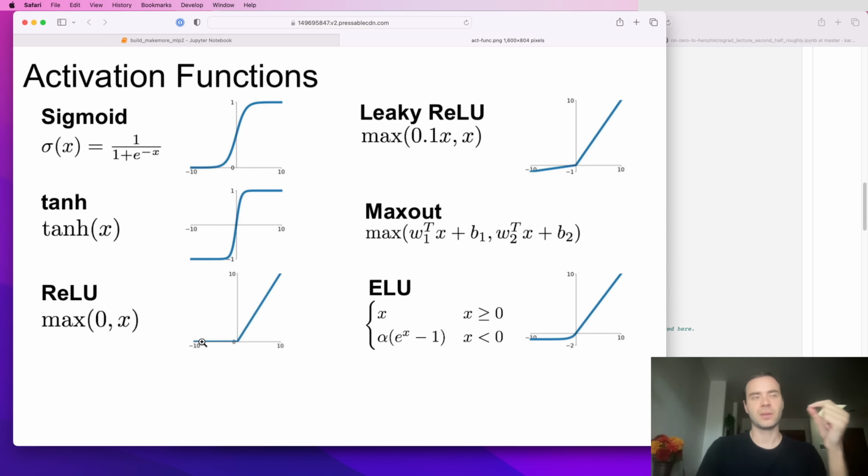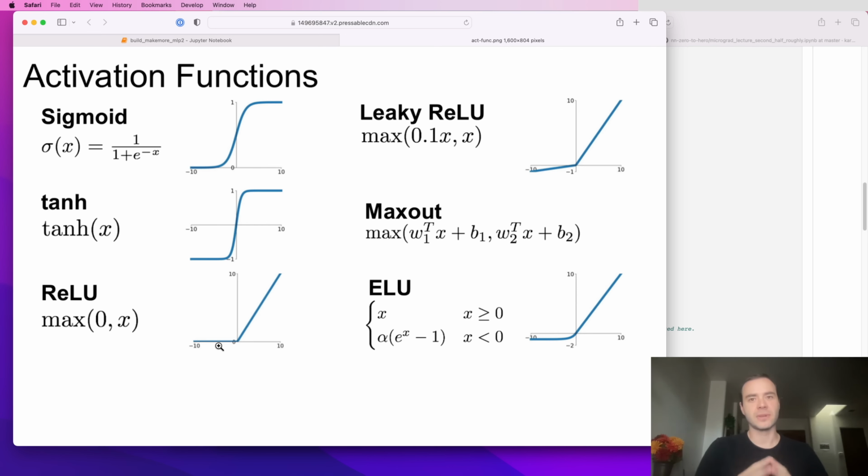A dead ReLU neuron is a neuron with a ReLU nonlinearity that never activates: for any examples that you plug in from the dataset, it never turns on, it's always in this flat region. Its weights and bias will never learn. They will never get a gradient because the neuron never activated. This can sometimes happen at initialization, because the weights and the biases just make it so that by chance some neurons are forever dead.